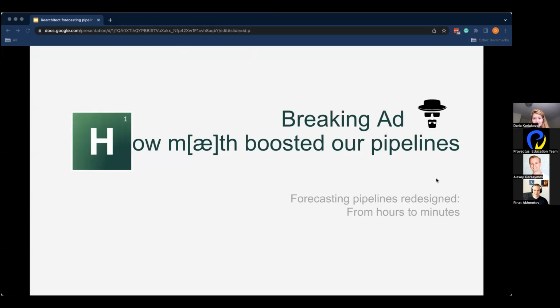My name is Daria. I'm a data solution architect with Provectus, and for the last several years, I've been working full-time on helping our clients build different data-related solutions: data lakes, data platforms, data warehouses, etc. In many of these cases, we joined our clients and built the platforms from scratch, our solutions on a greenfield.